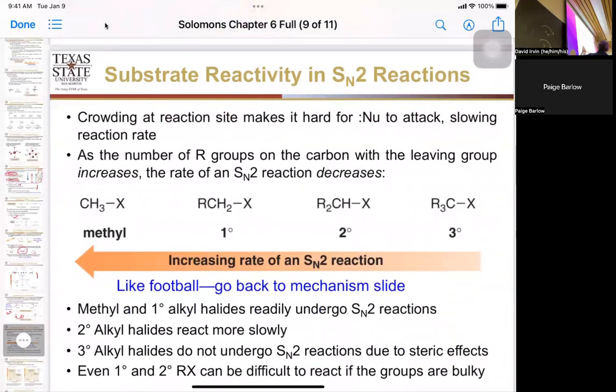So if we look at a methyl group here, those are 3 hydrogens. Those are easy to get around. And boom, it's the fastest to react. Well, let's put another CH3 here, maybe. That's a little bit bigger than hydrogen, so it's harder to get to. So it's not as fast, but it's still pretty good. And if we have 2 of them, we still have a hydrogen, so we can still kind of squeeze in there, but it's slower because it's harder to squeeze in.